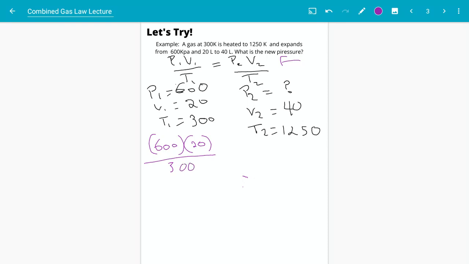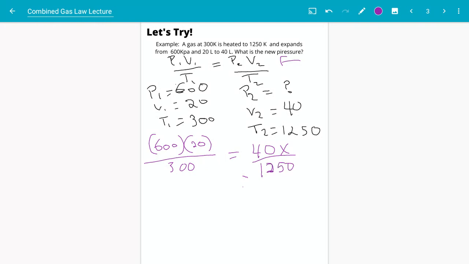And I was so lucky in this problem because temperature was already in Kelvin. But remember, if temperature is not in Kelvin, you have to change it by adding 273. Okay, and so P2 is, I don't know, and V2 is 40, so I'm going to just write this as 40x.